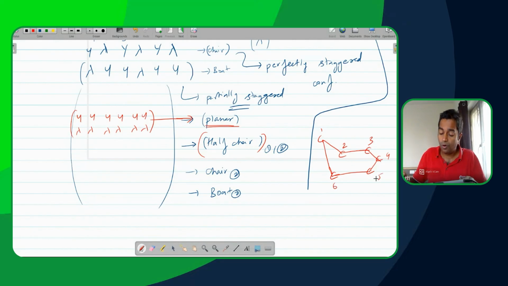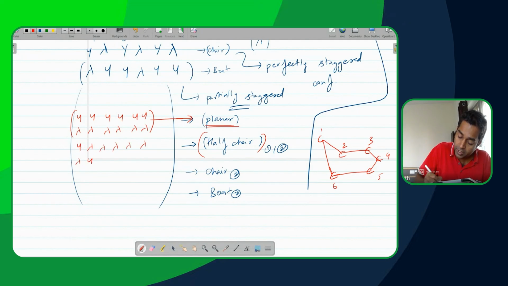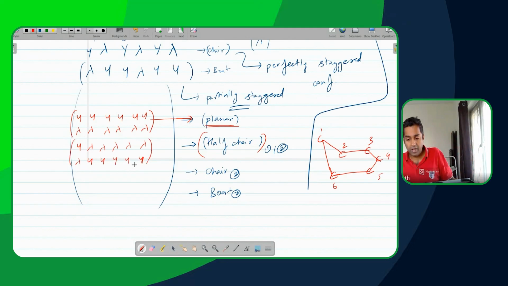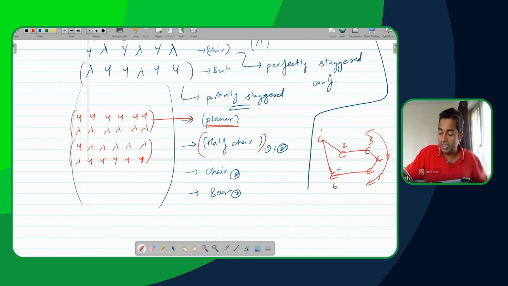So carbons 2, 3, 4, 5, 6 will be in one configuration, and one will be different. Actually, no, these three will be in the same configuration. It's a weird one. This part will be staggered, and these three will be eclipsed. That's the way to go about it.